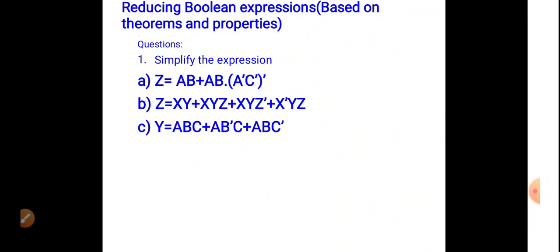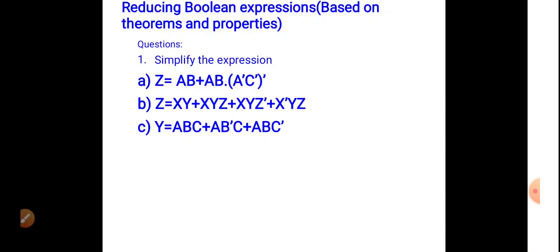The fourth is a NOT gate for (A bar C bar) whole complement, and all those should be connected to an OR gate. So to draw this simple expression I need 6 gates in total. But once you simplify the expression and draw the logic diagram, I need only one AND gate.